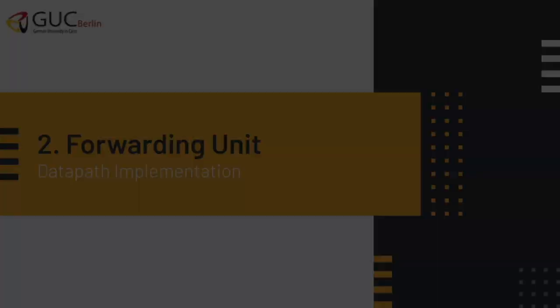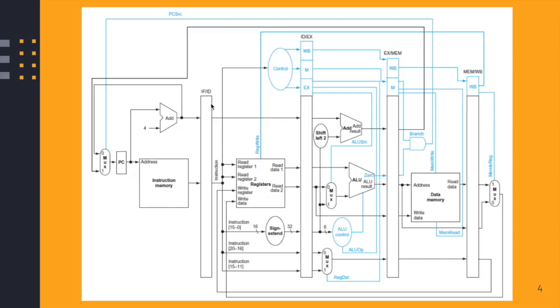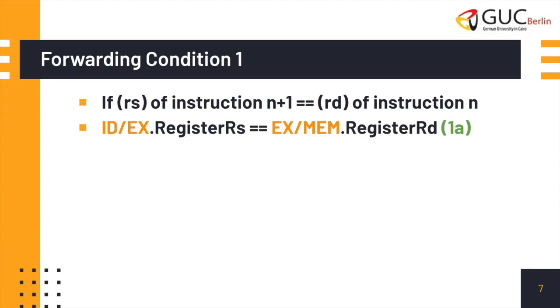So if I go back, what I am checking here is the register RS in the ID/EX equal to the register RD present in EX/MEM. If I have register number 9, is RS equal to 9 here and RD equal to 9 here? Is RS equal to RD? Yes or no? If yes, then this is a forwarding condition and I need to forward. So as you can see, I checked whether register RS in the ID/EX pipeline register is equal to register RD in the EX/MEM register.